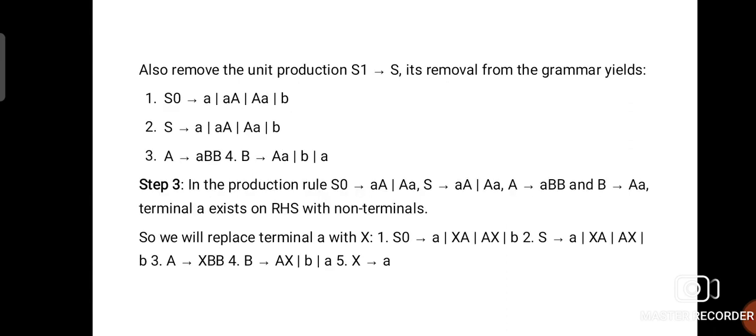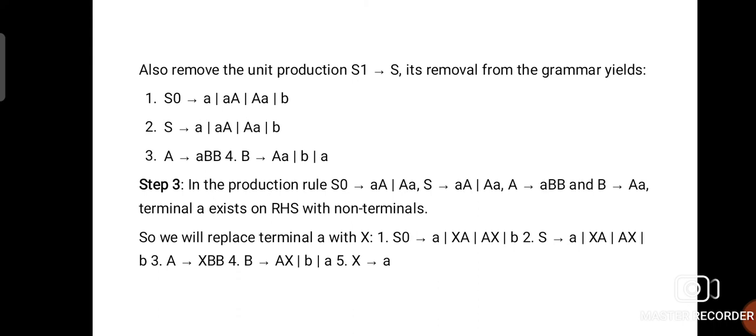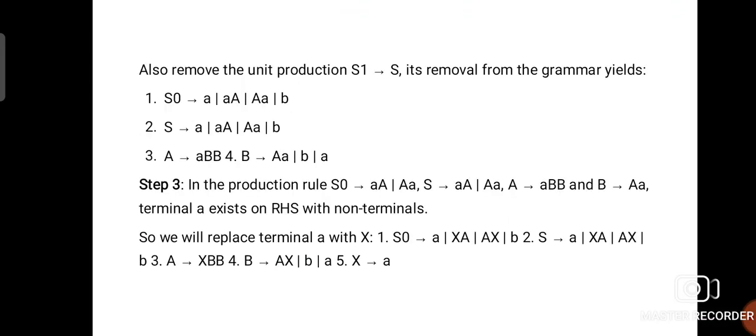In the next step, we have to remove the unit productions. Like S tends to B is a unit production. S1 tends to S is a unit production. Now for removing the unit production, for example, we have to remove the unit production S tends to B. So in the place of B, wherever B comes, we have to substitute the right hand side of the B production.